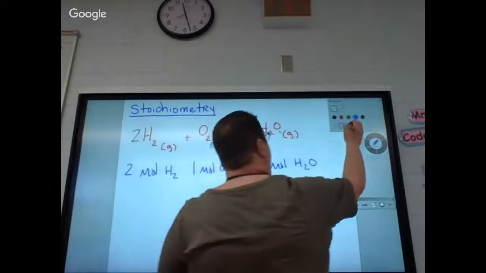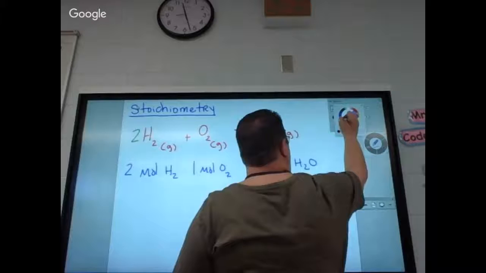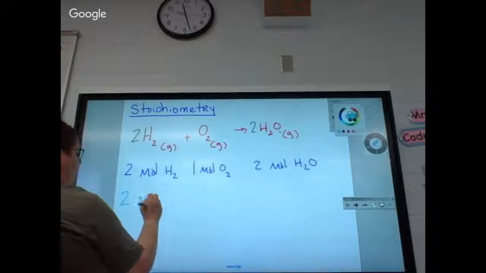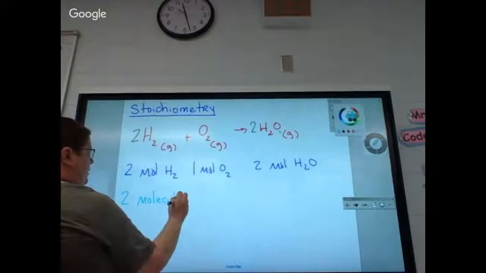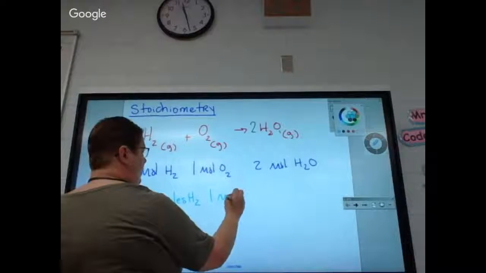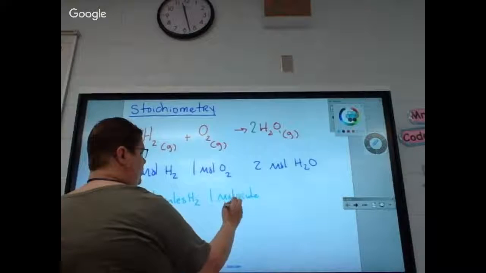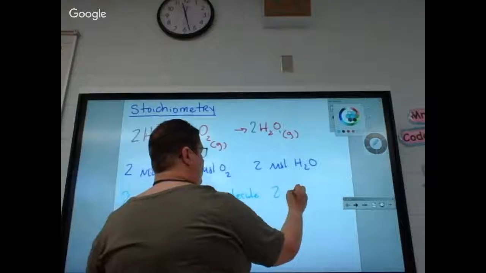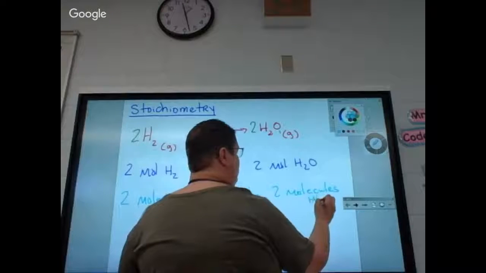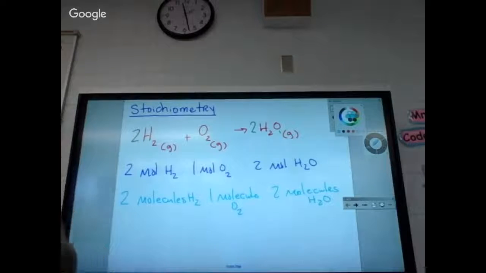I glossed over the fact that we could say that this would be 2 molecules of hydrogen to 1 molecule of oxygen to 2 molecules of water, because we really weren't going to use it back when I glossed over that way back in week 4-ish, and we're still not going to use it, but that relationship is true nonetheless.